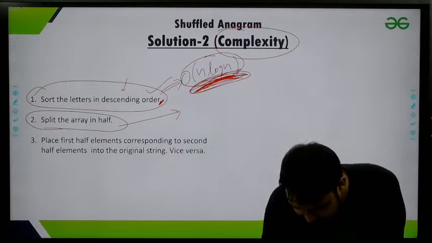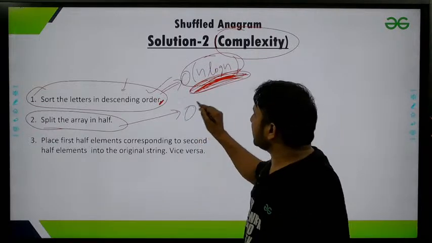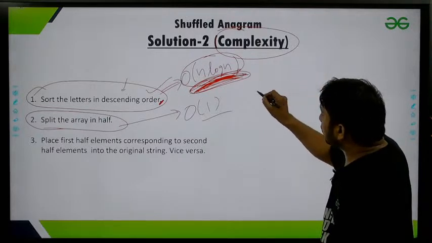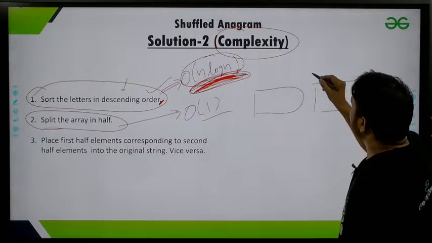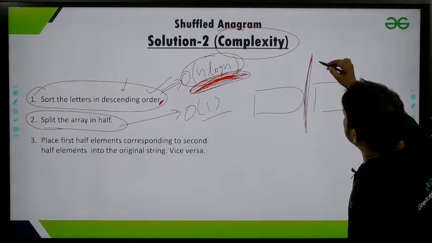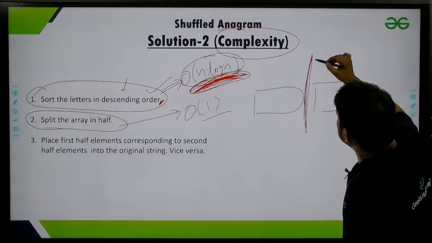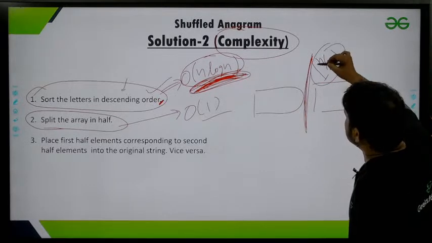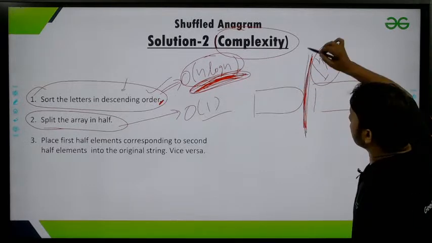And the second step will actually take constant time. We are dividing in two parts, but we are not putting the elements into two arrays. We are just saying that the n by 2th location is the middle location of the array.